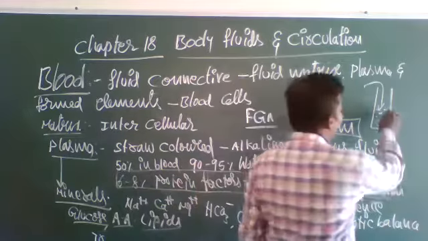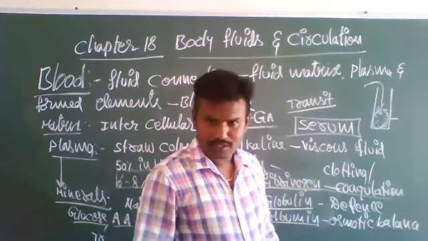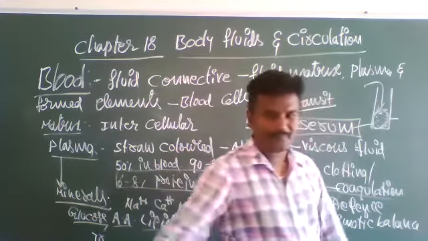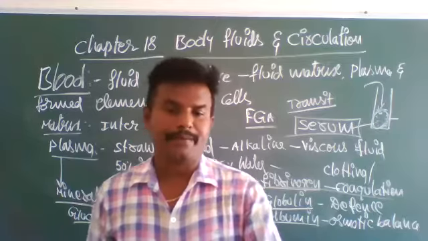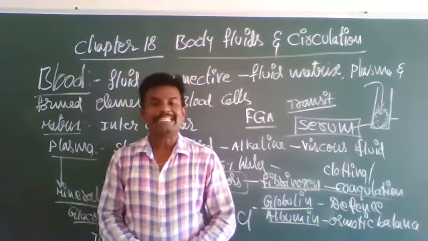So if the blood is clotted, the clotting factors are inactive. The plasma without clotting factors is called serum. If you visit a blood diagnosis lab, you can get to know that.